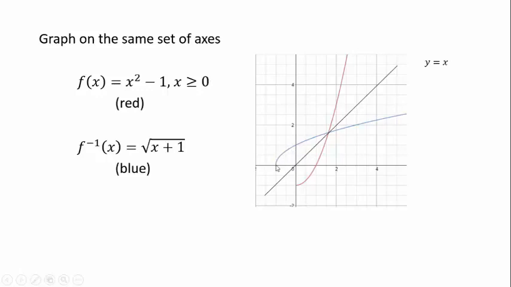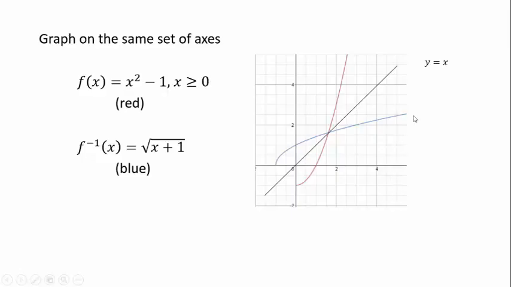If I had a negative square root of x plus 1, it would go down here, so it would look like a parabola that's on its side. If I did include that piece, it wouldn't be a function because it wouldn't pass the vertical line test. That's why I definitely don't want that minus out in front.